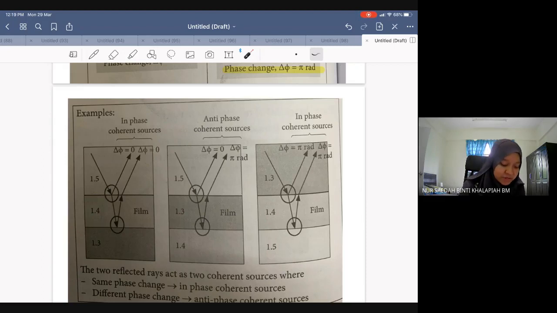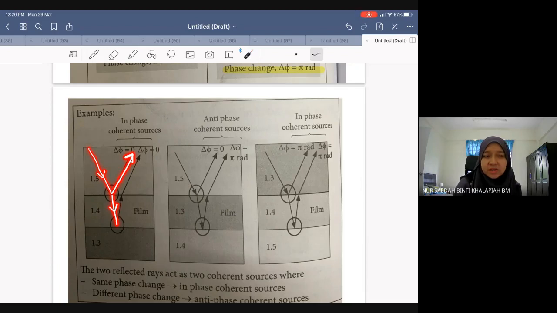For this example, the first medium is 1.5, the thin film is 1.4, and the third medium is 1.3 refractive index. The incident ray comes from the first medium until it touches the front surface of the film. Some of the light is reflected back and some is refracted through the film.